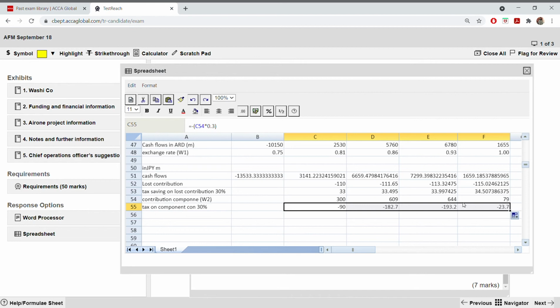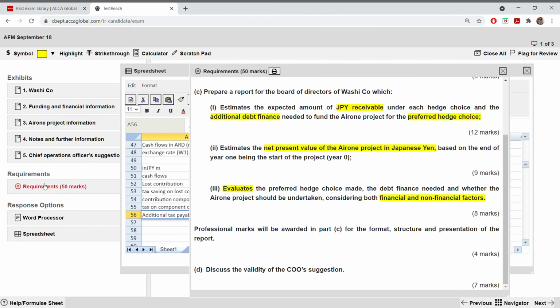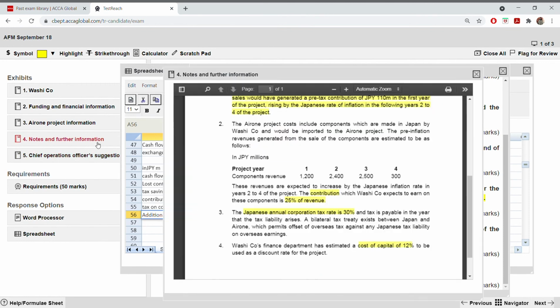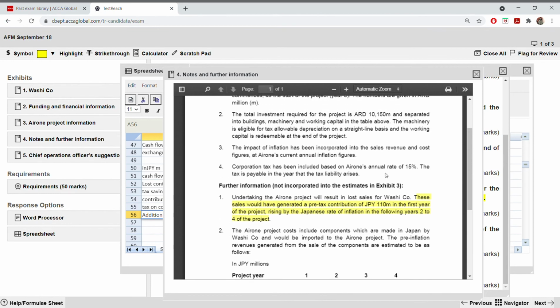Okay, next what do we have? Additional tax payable. Remember we have the double tax treaty and all, so for that we have to pay the additional tax here. How much is the additional tax? 30%. You have to understand, the annual tax rate is 30%, and they have been paying tax at what rate?